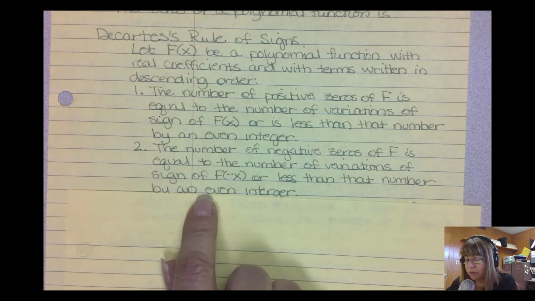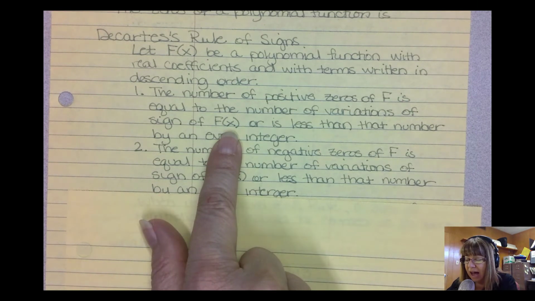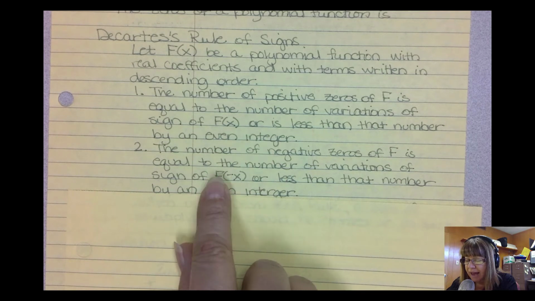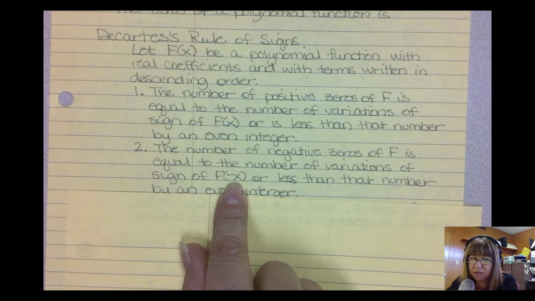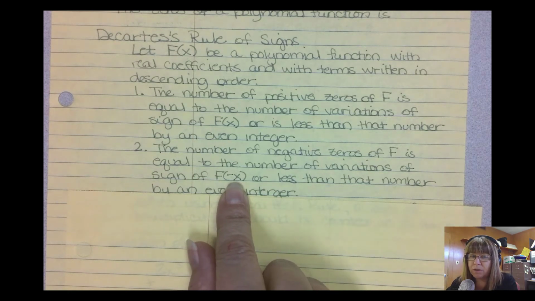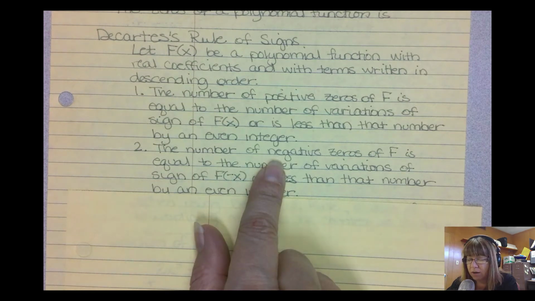So let's say when we took f of x, we had 5 variations, but when we took f of negative x, that dropped down to 4 variations. Well, then we either have 4, or 4 minus 2 is 2, or 4 minus 2 is 0. So we have either 4, 2, or 0 negative zeros.